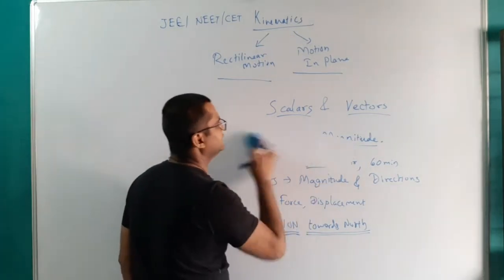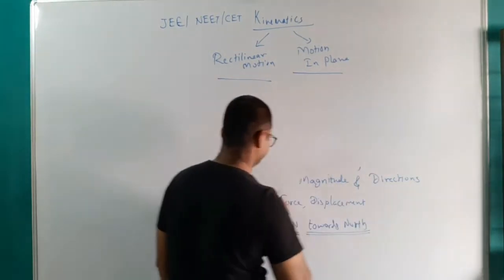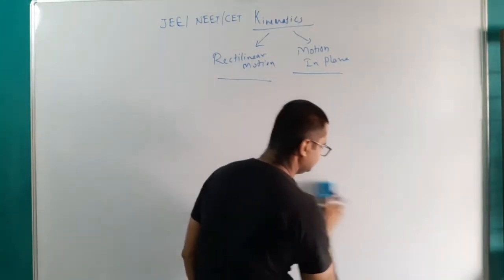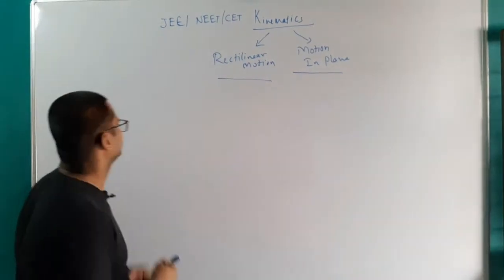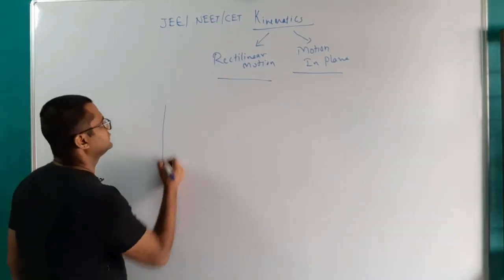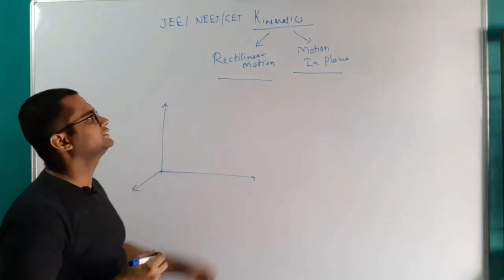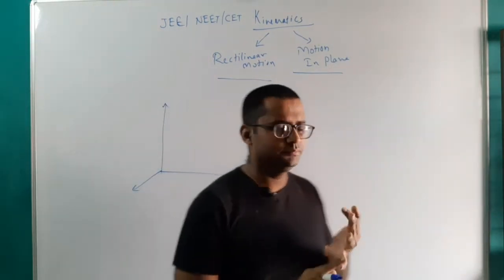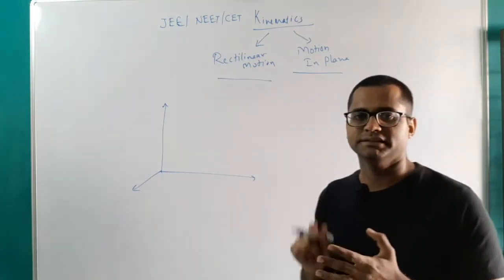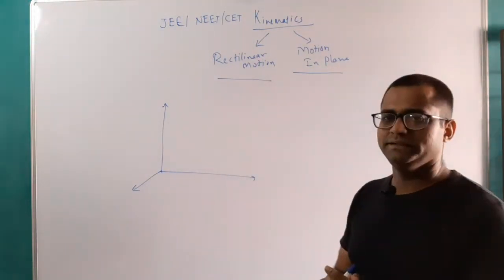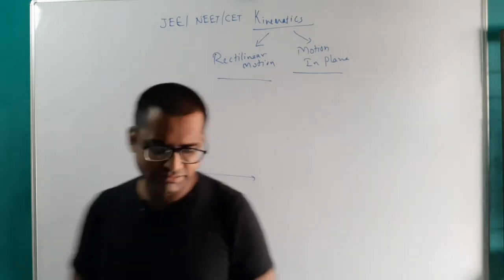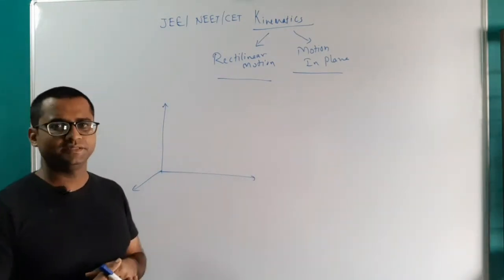Let us work a little bit more on vectors. Now, if I want to specify the position of a particle, since we are studying kinematics, we deal with position, displacement, velocity, acceleration, and so on. So we need to specify the position of objects, and then from positions we find displacements.